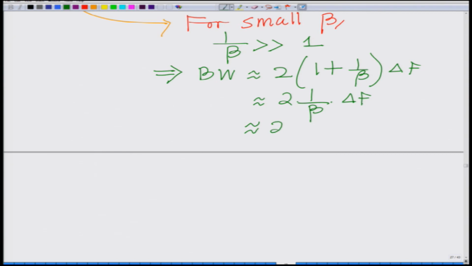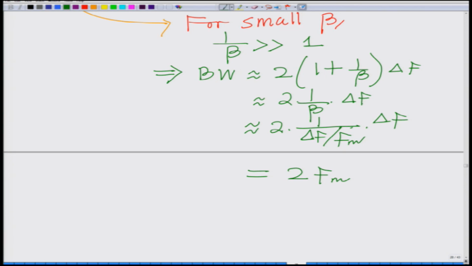So this is twice 1 over (delta f by fm) into delta f, which is equal to twice fm.